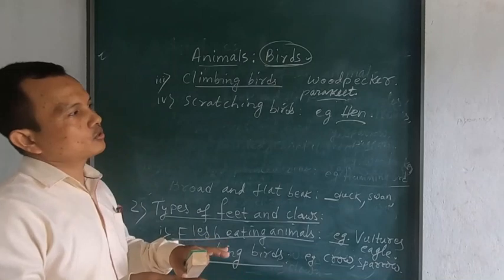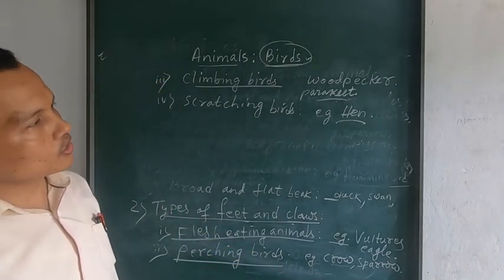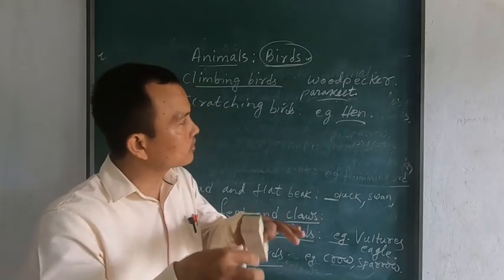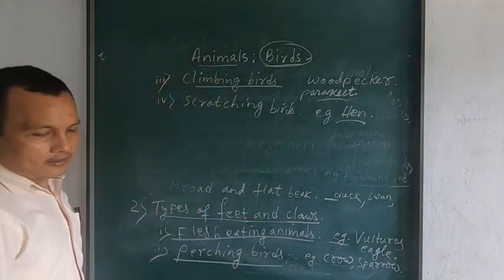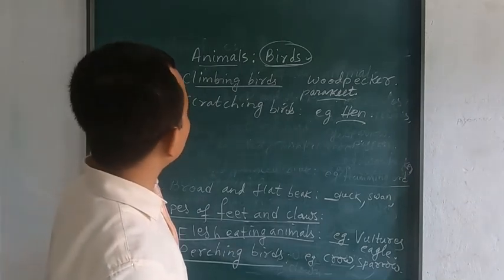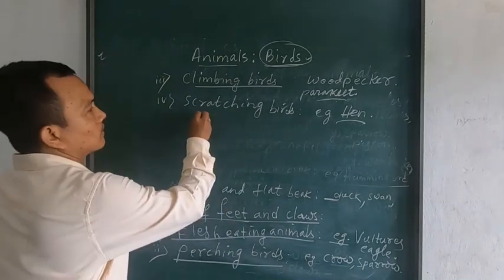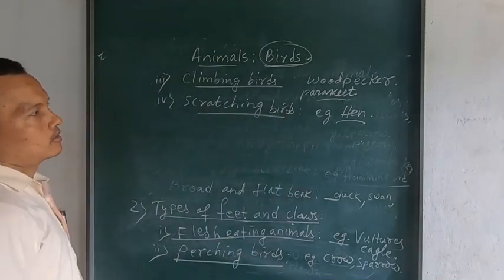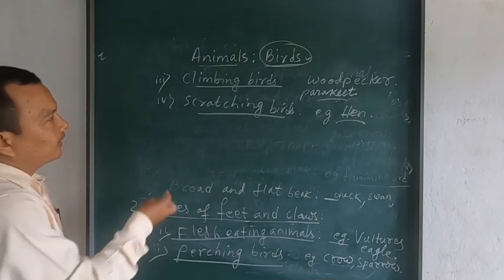They use their claws to dig out and search in order to take out the food that they hunt for. Now these are a few that show how different birds have different claws or feet.